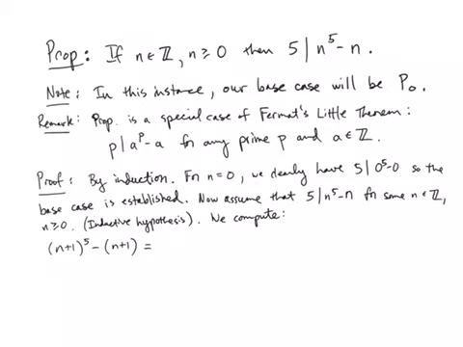And what you get is the following. So you get n to the 5th plus 5n to the 4th plus 10n to the 3rd plus 10n squared plus 5n plus 1. And then we're subtracting n and 1 from the n there. Okay, and what we know is that 5 divides n to the 5th minus n, right?